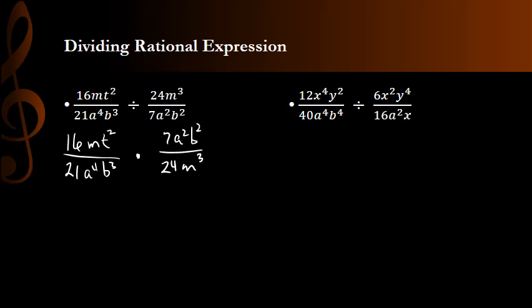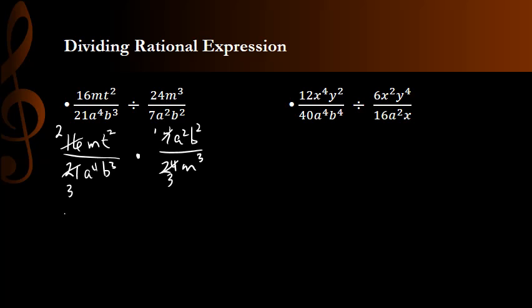This is about halfway between what I did on the multiplication. So let's see, 16 and 24. Well, both of those are divisible by 8, and 8 will go into 16 2 times, and 8 will go into 24 3 times. And then we got 7 and 21. Well, 7 will go into 7 1 time, and 7 will go into 21 3 times. So now let's proceed, just multiplying that.